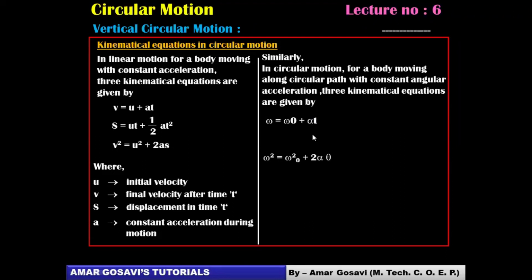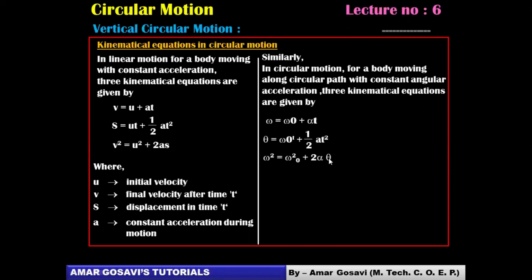For the second equation, here you have to make a correction: it's not zero, it's omega naught, a suffix. Directly coming to the third equation, omega square equals omega naught square plus 2 alpha theta. The linear terms are being converted into angular terms.